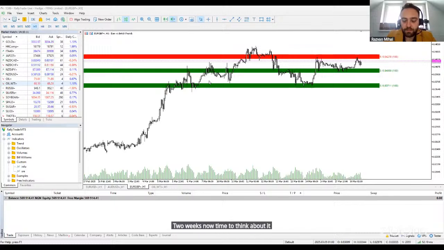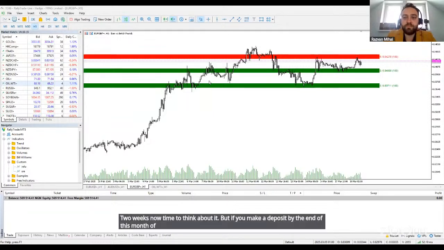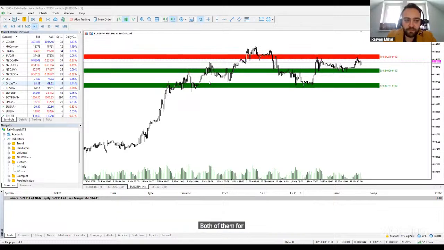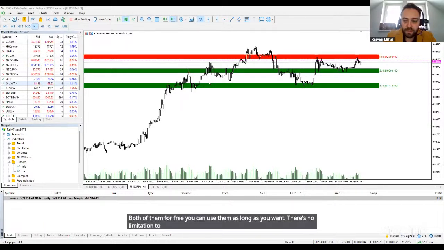But if you make a deposit of 1 million by the end of this month, you will get this pack of indicators, both of them, for free. You can use them as long as you want. There's no limitation, no monthly fees or anything else. They will be yours to use.